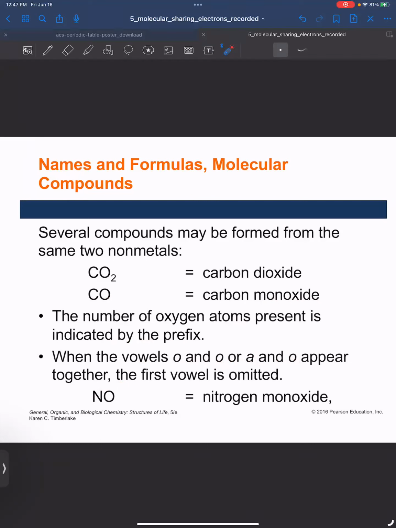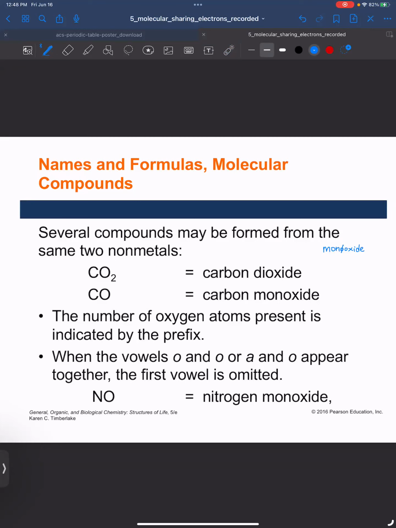So for example, for monoxide, you may originally have written mono-oxide, but we drop the first vowel, and so that's why it becomes monoxide.